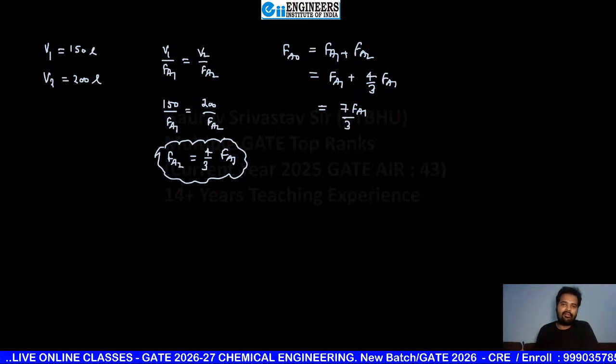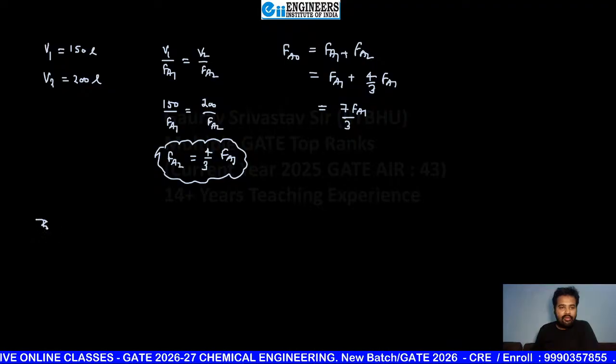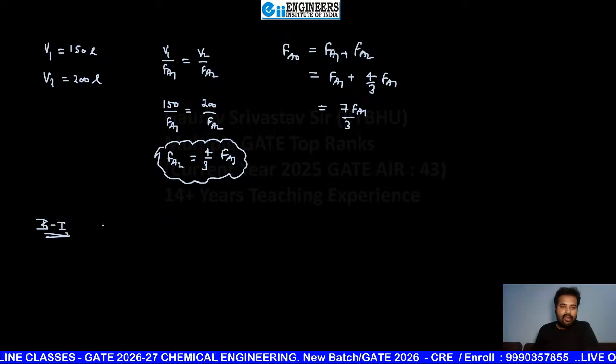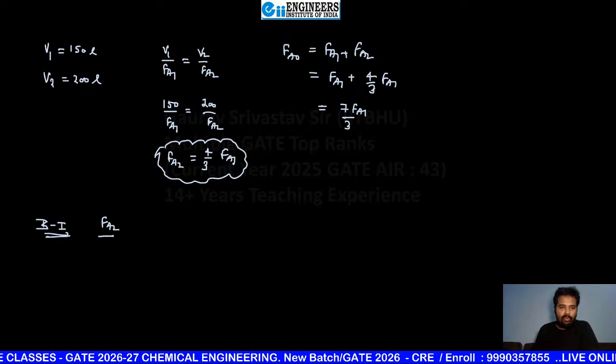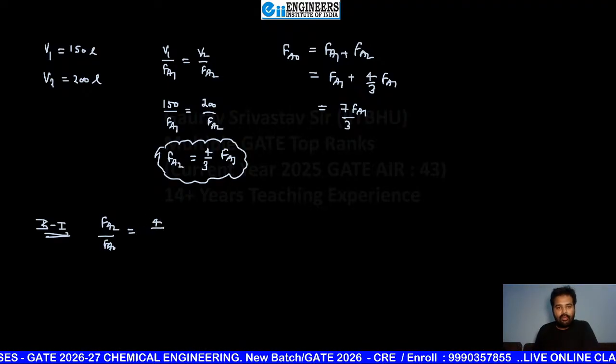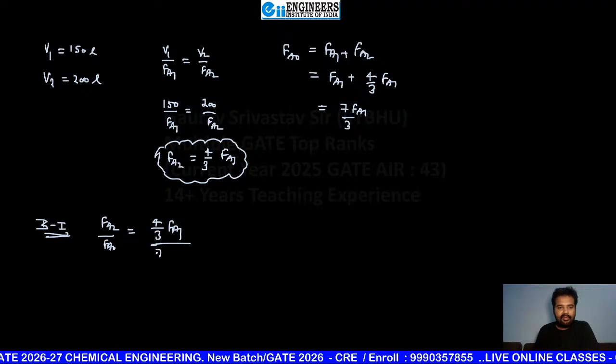ये आपका FA naught का value है. Now for branch 1, if you are going to solve, then it's FA2 by FA naught. What is the value of FA2? It's 4 by 3 FA1, and here it's 7 by 3 FA1. FA1 cancels, 3 cancels.